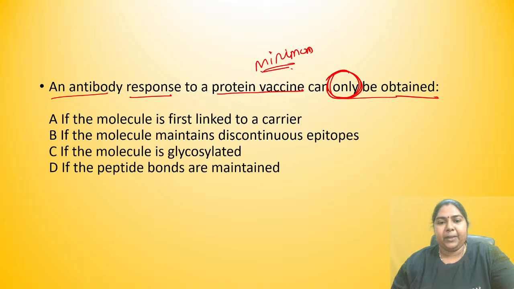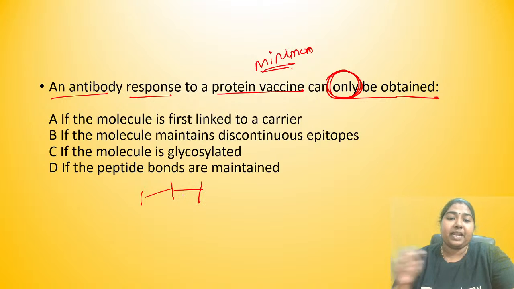If it is containing discontinuous epitopes, only then can it induce the response? Not at all. Only if it is glycosylated, or if the peptide bonds are maintained. If there is no peptide bond, what will happen to your protein? Think. If the peptide bonds are not at all there, what will happen to your protein vaccine?